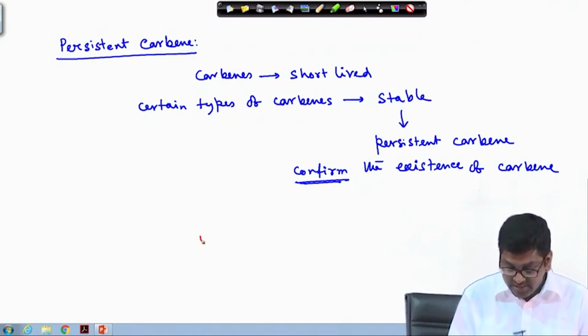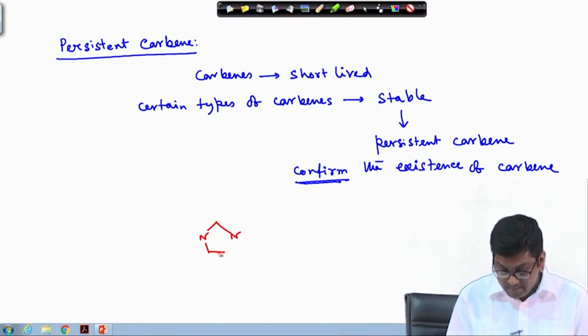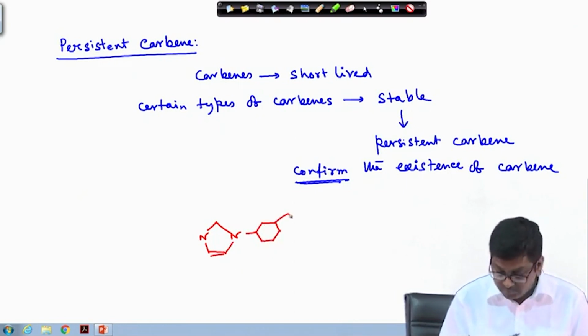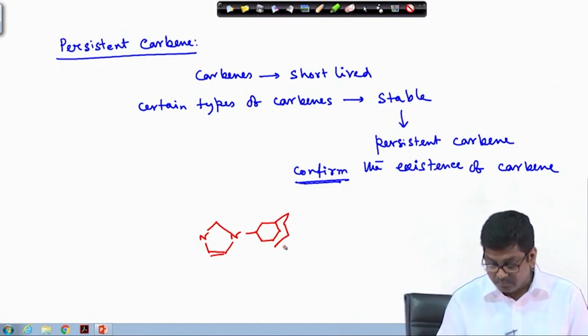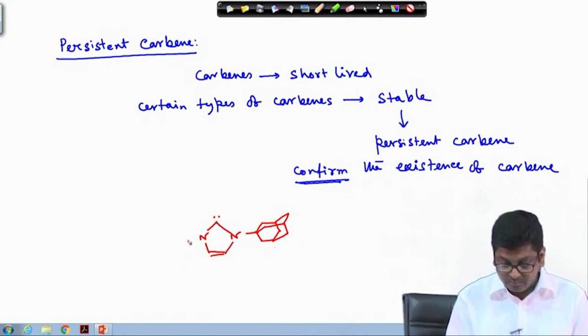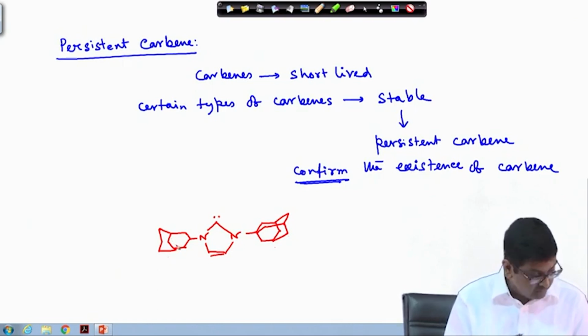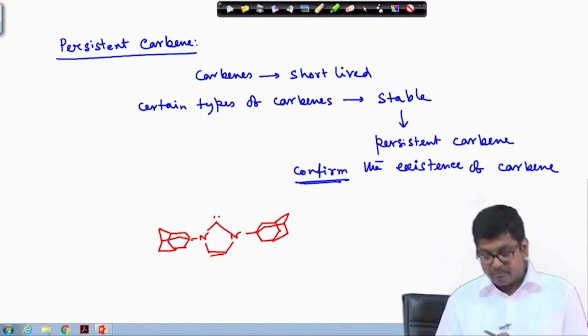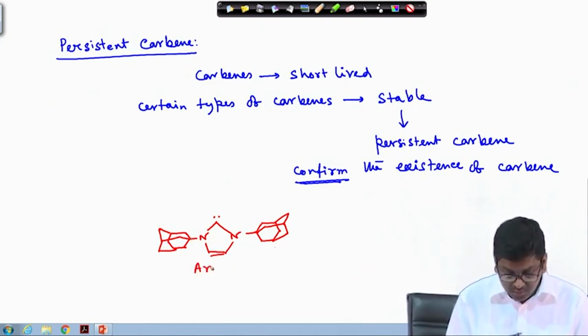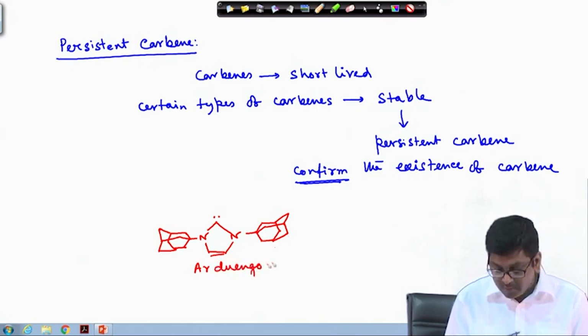As per example, one of the very important examples in this regard is this. This is called Arduengo carbene.